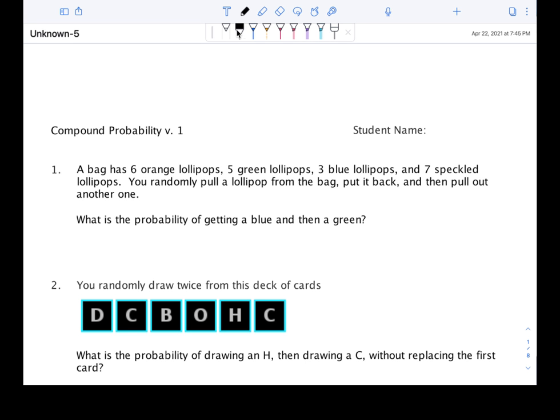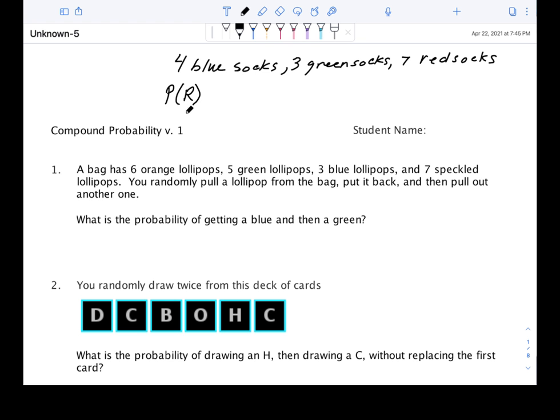If I have four blue socks, three green socks, and seven red socks, what is the probability that tomorrow morning I'm going to grab a sock and it's going to be red? So we'll say the probability of red.